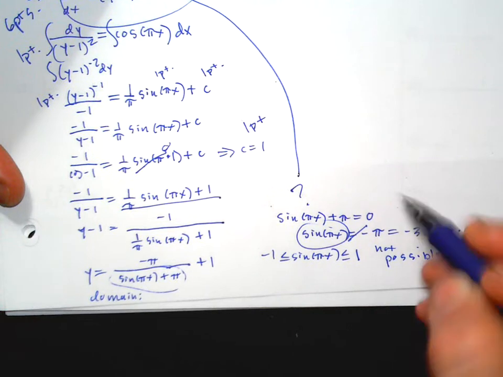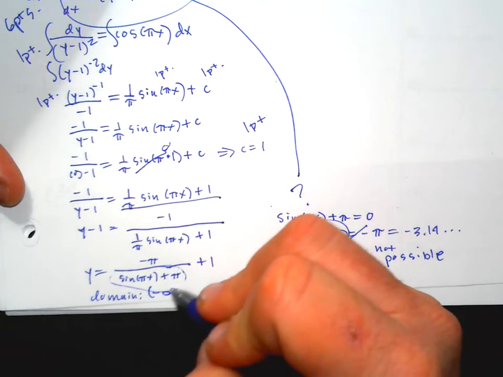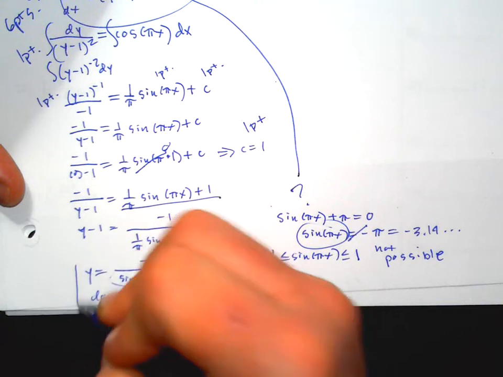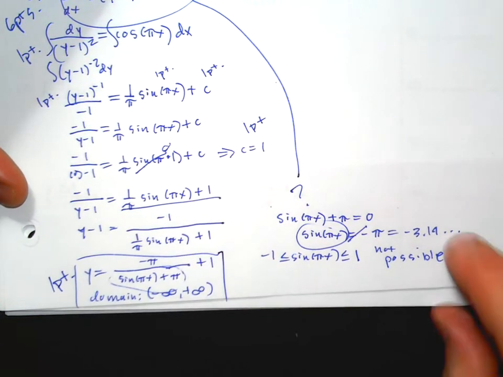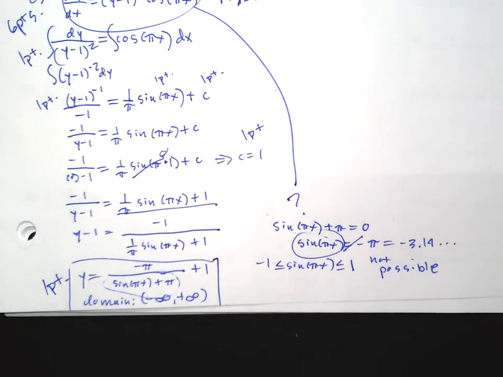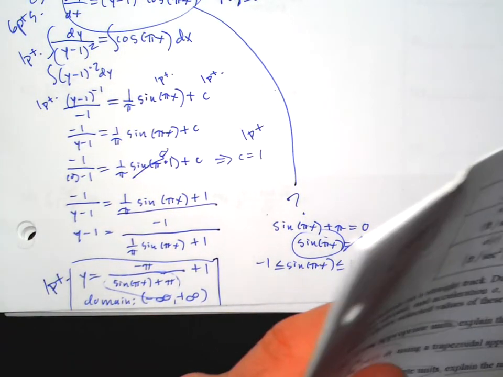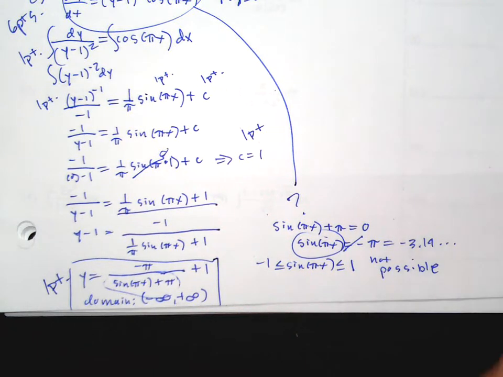So that means we can't mess it up. Domain is all reals, -infinity to infinity. If you don't write that, though, you do not get this last point. So hopefully you guys are getting pretty good at solving differential equations. We got another problem on the back with some other stuff.